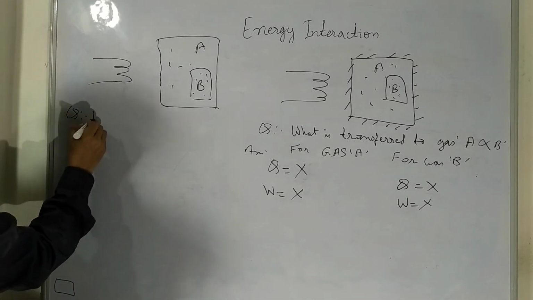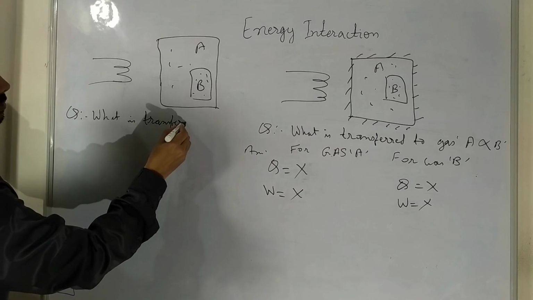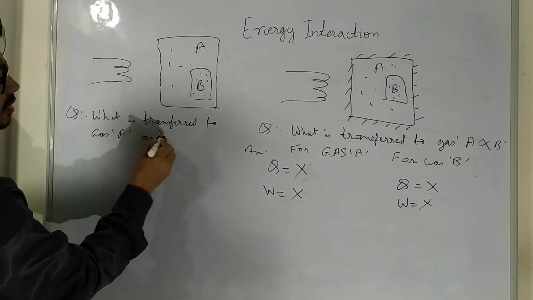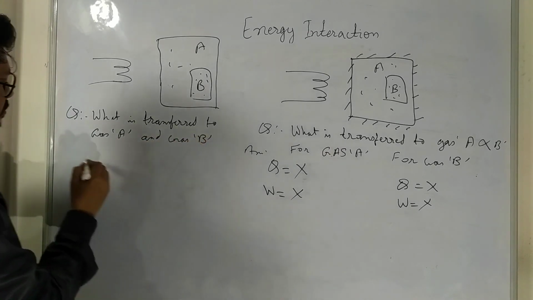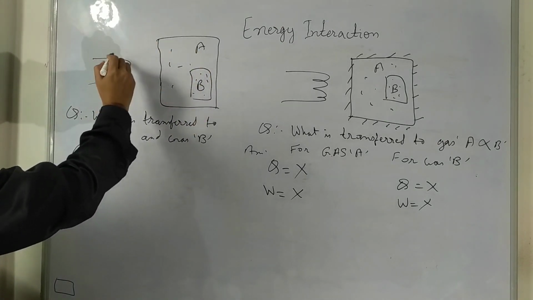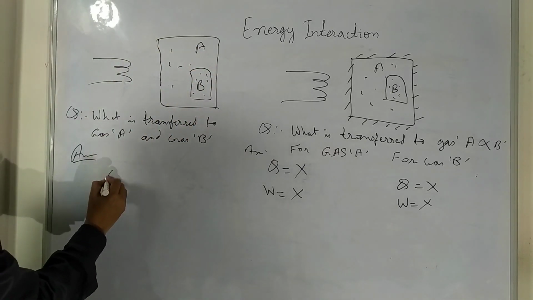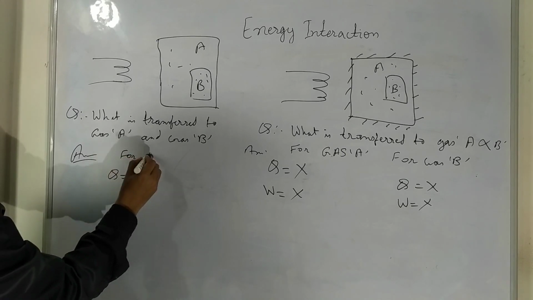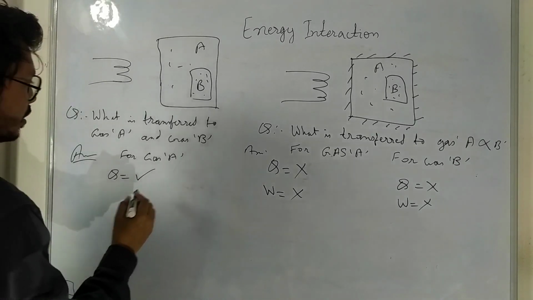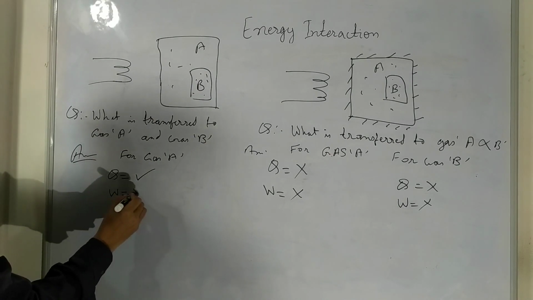So the question is, what is transferred to gas A and gas B? See, the system is not insulated, so we can easily see that heat can cross this boundary, so there is heat transfer for gas A, and since this electrical energy is not crossing its boundary, there is no work transfer.